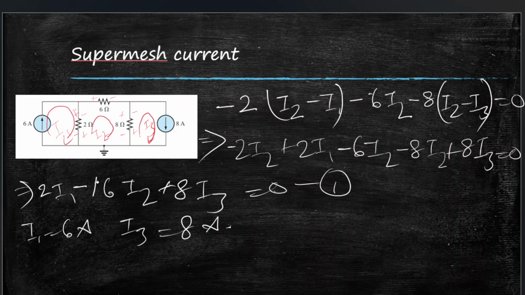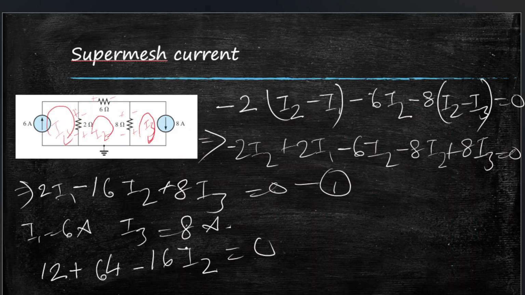Now if we substitute the values in equation 1, then we have 2 into 6, so 12, minus 8 into 8, so minus 64, and here we have minus 16I2 equal to 0.